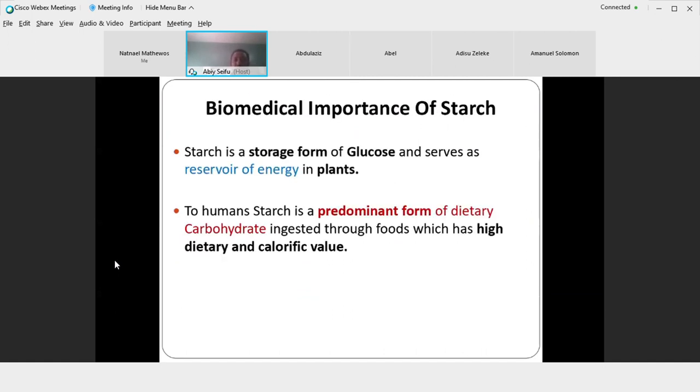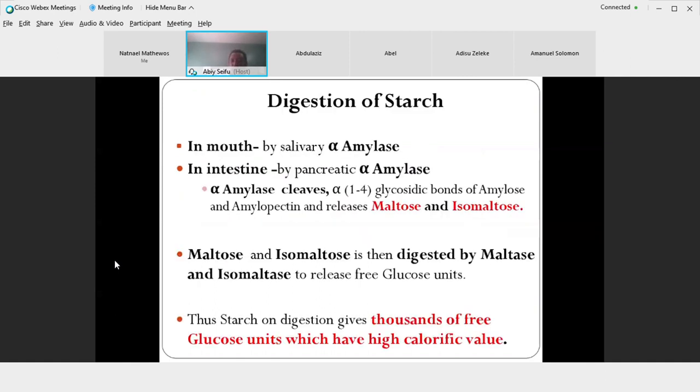Biomedical importance of starch: starch is the storage form of glucose, and it is a reservoir of energy for plants. And for us, we get starch from the food we eat, and it has high caloric value. Starch digestion starts from the mouth. After hydrolysis, we can get a large amount of glucose.